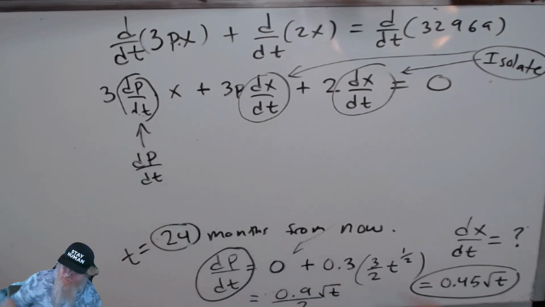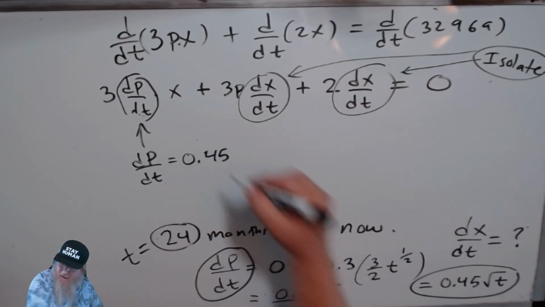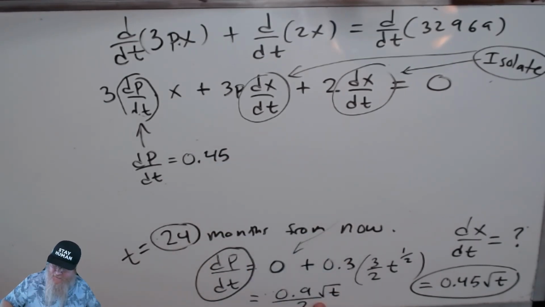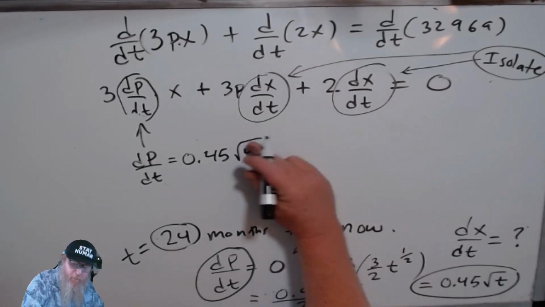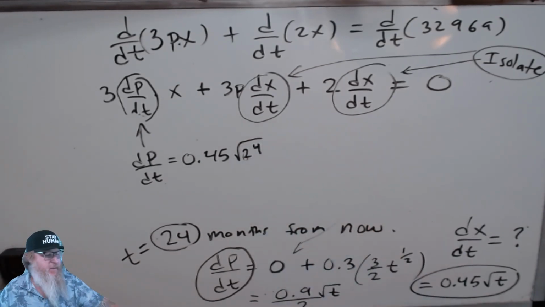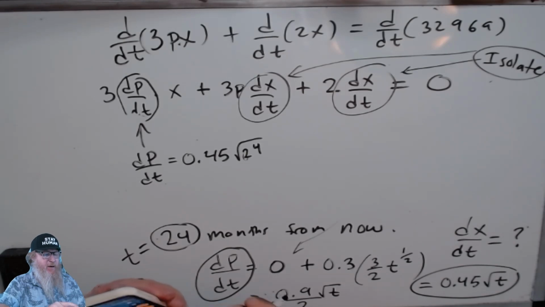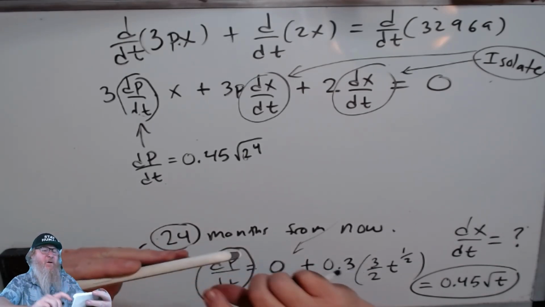If we plug in 24, it's going to be 0.45 times the square root of 24, sorry, 24 months. It's not going to be pretty.